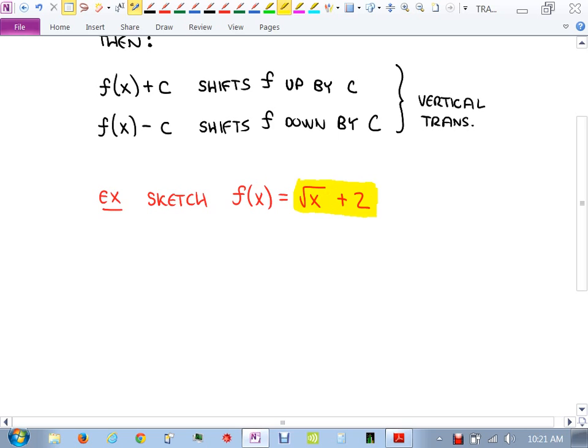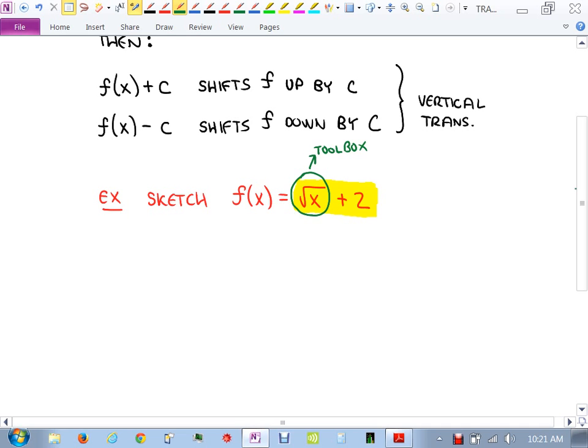It's the square root of x plus 2, right? Do you see a toolbox function in there? Yes, what's a toolbox function? The square root of x. So that right there is from your toolbox. You know what that looks like, don't you? So all you're going to do is take that function that you already know and add 2 to it. So adding 2 should move that picture that you know up 2.